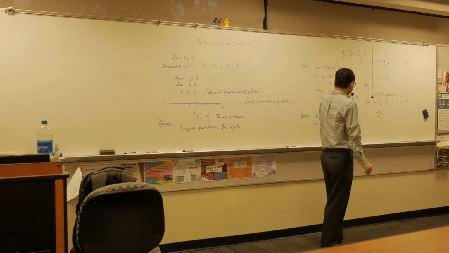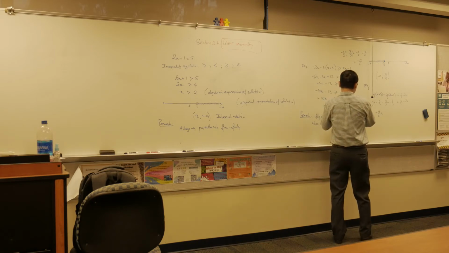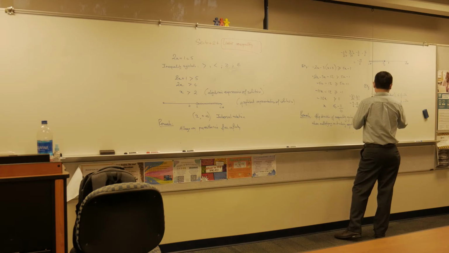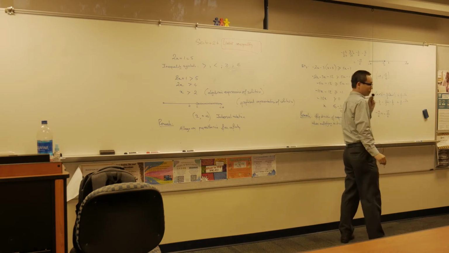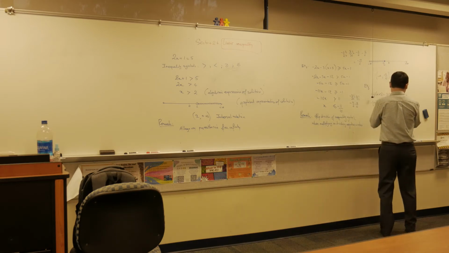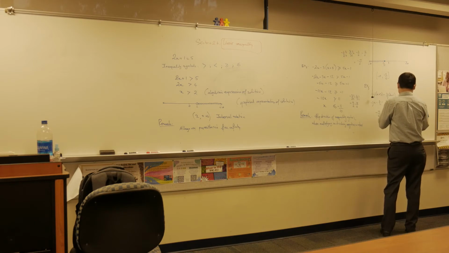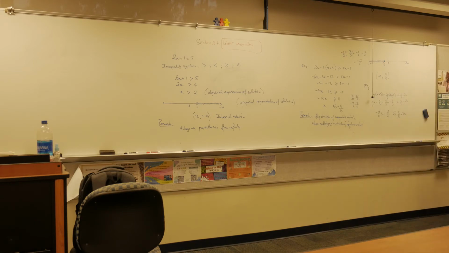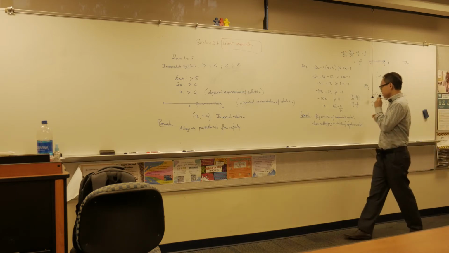So I'll give you negative 9 over 6 minus 8 over 6, which should be negative 17 over 6, less than or equal to. Again, there will be fractions on the test, so just be careful.